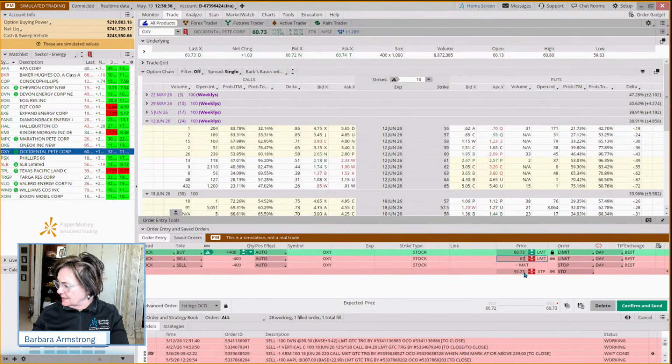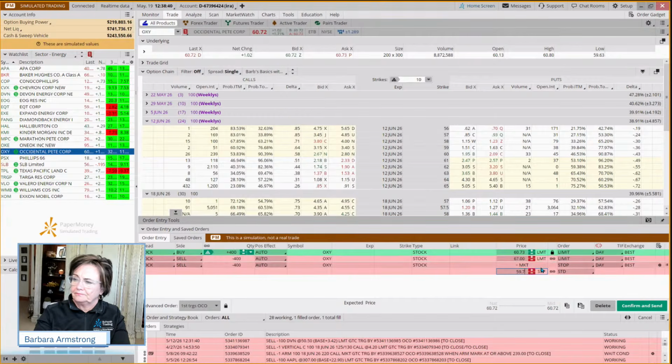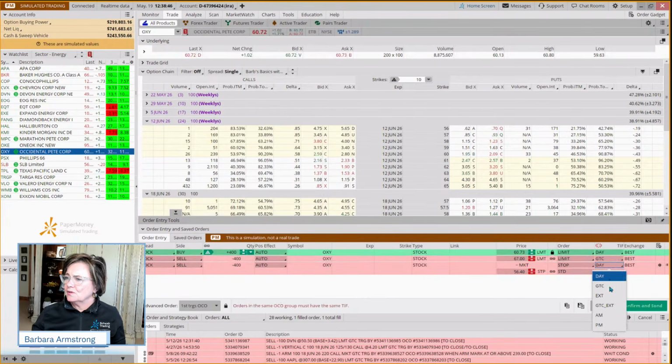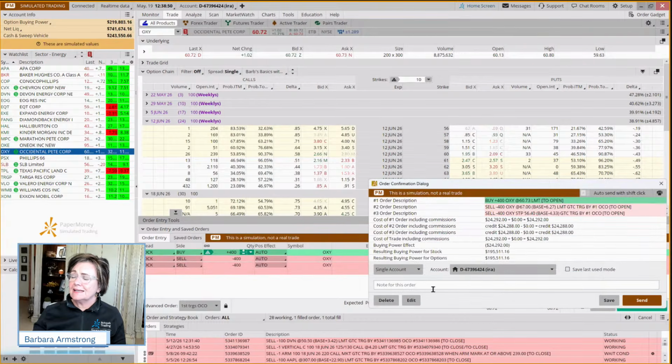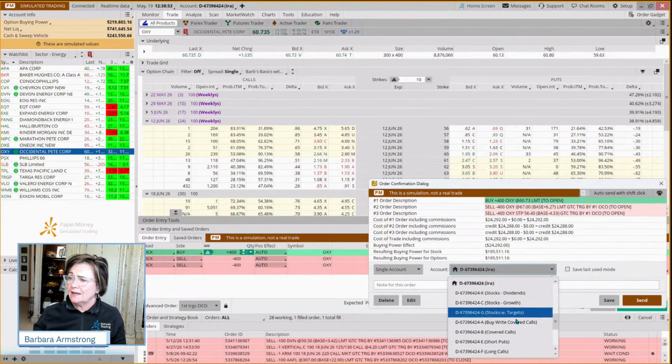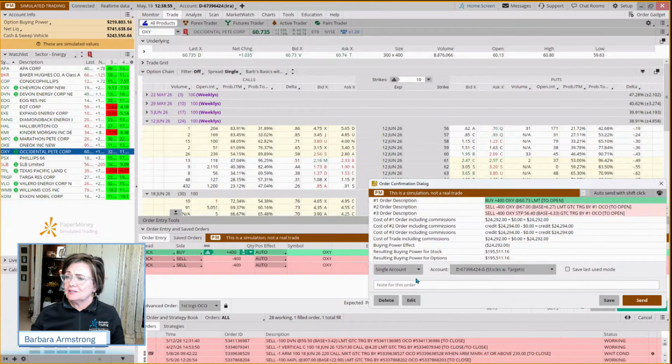And our exit is going to be 56.40. And we're going to make these both good till canceled. So this is a stock with a target, but this is a target based in a different way. So this is a swing target, and a swing target is the previous high.